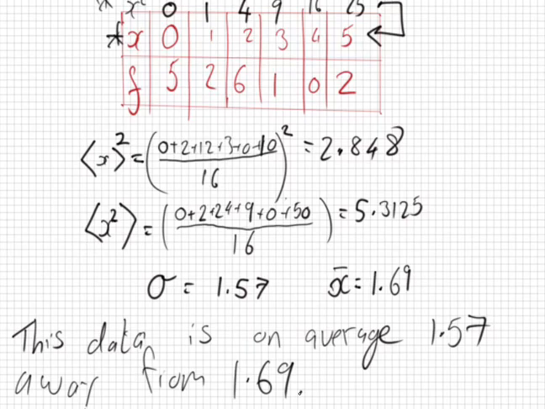Yeah, that's the regular run-of-the-mill average. So that tells you that if you were to picture this data, you're picturing the center of it being 1.69, and then your points being on average 1.57 away from it.